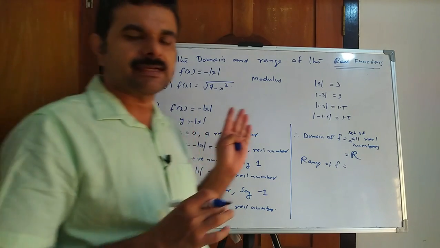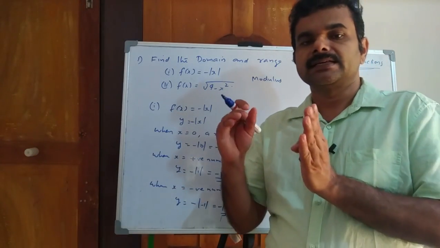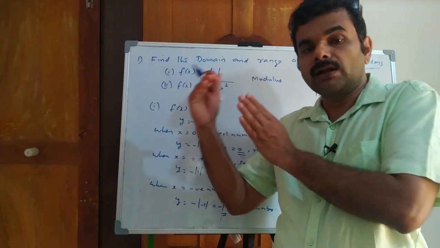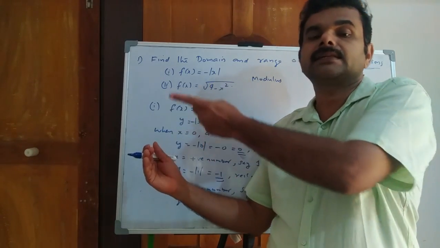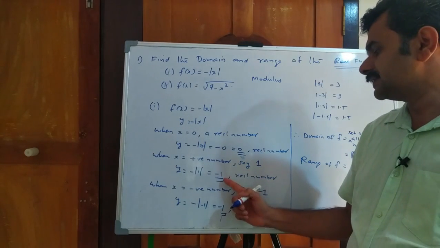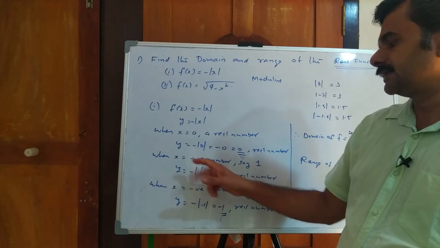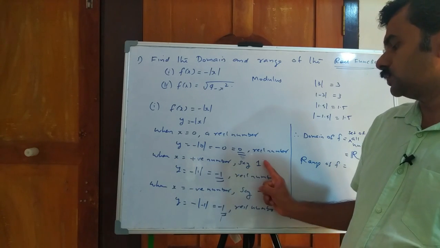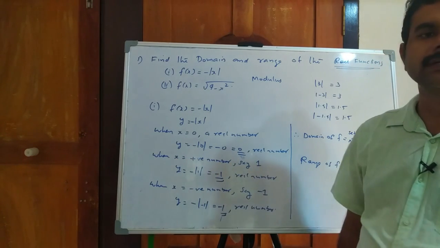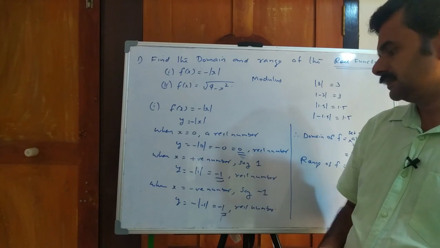The range is the set of all real numbers other than positive numbers. You will never get a positive number here. When you substitute x equal to 2, you get minus 2 here.